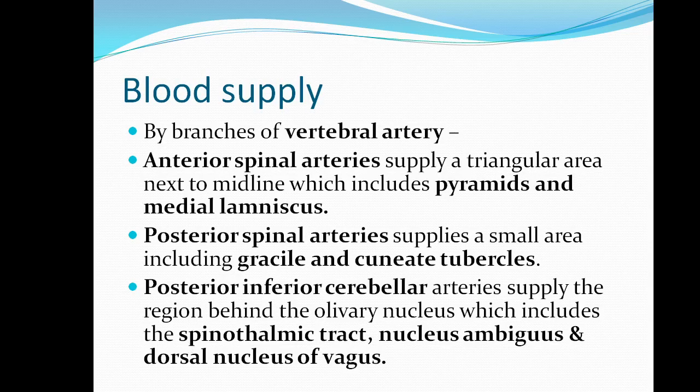Coming to the blood supply, the medulla oblongata is supplied by branches of the vertebral artery. The anterior spinal arteries supply a triangular area next to the midline, which includes pyramids and medial lemniscus. The posterior spinal arteries supply a small area including gracile and cuneate tubercles.